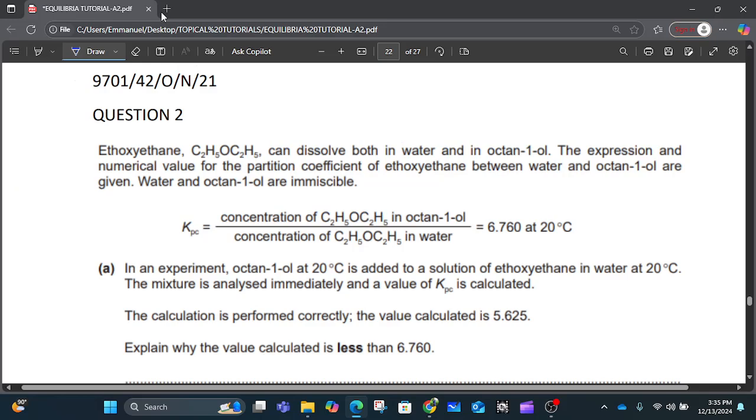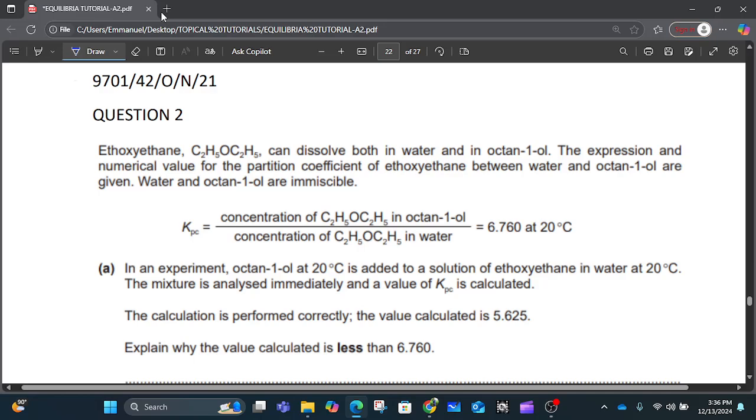Question 2. Ethoxyethane, C2H5OC2H5, can dissolve both in water and octan-1-ol. The expression and numerical value for the partition coefficient of ethoxyethane between water and octan-1-ol are given. Water and octan-1-ol are immiscible.